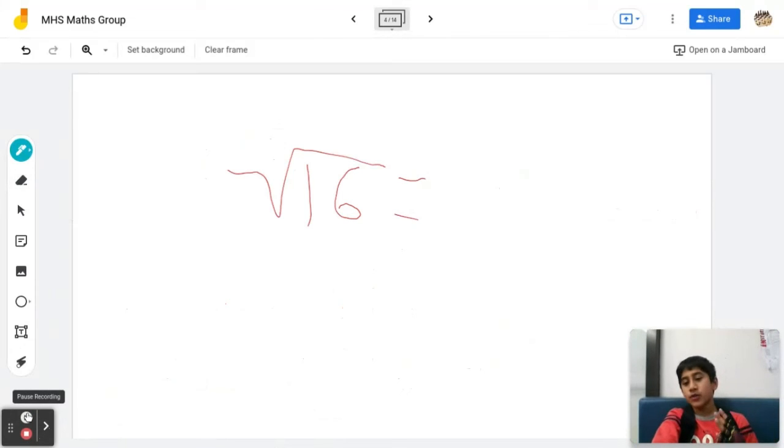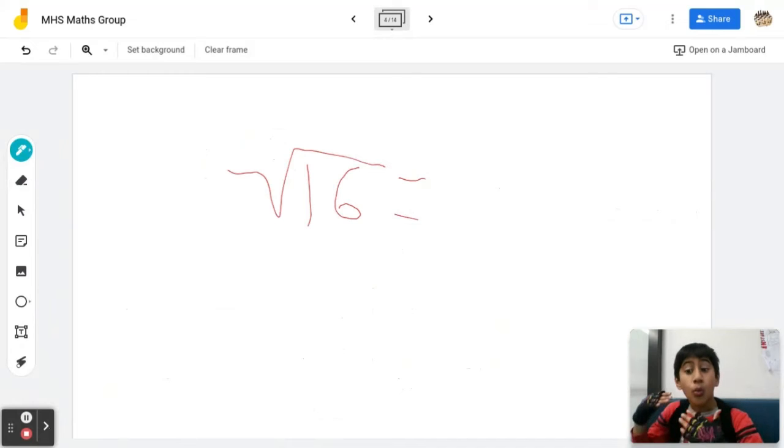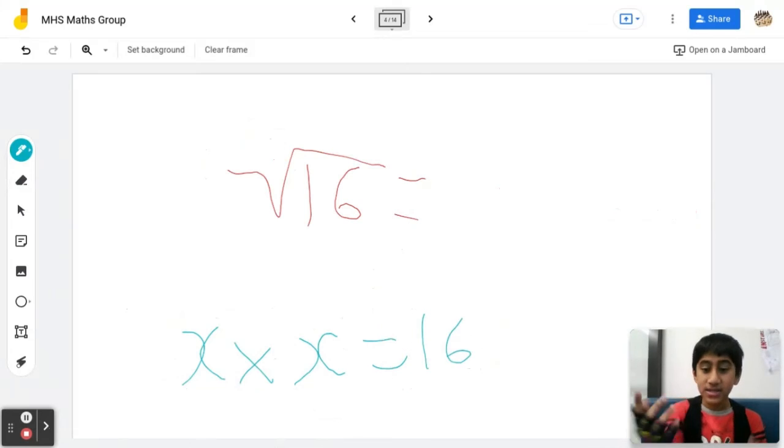So if you know the square root is the inverse operation of exponents, it means we need to find the opposite of exponents. So we need to find what two numbers multiplied by each other give 16. So the algebra version is x multiplied by x equals 16. What's the value of x?